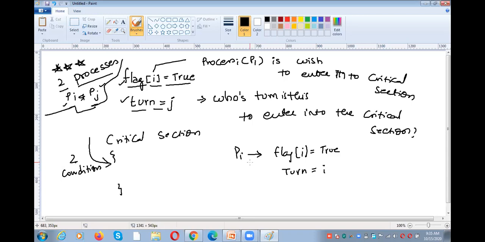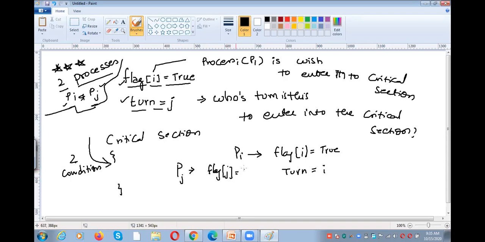So in order to enter into the critical section, process i has to check two conditions: flag of i equal to true and turn equal to i. For example, if process j is willing to enter into the critical section, then the operating system has to check two things.